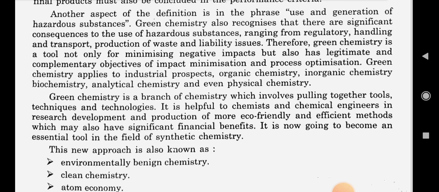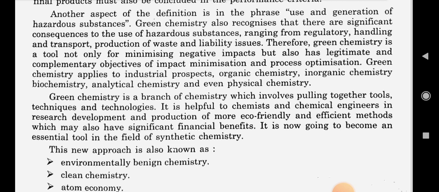Therefore, green chemistry is a tool not only for minimizing negative impact but also has legitimate and complementary objectives of impact minimization and process optimization. Green chemistry applies to industrial processes, organic chemistry, inorganic chemistry, biochemistry, analytical chemistry, and even physical chemistry. Green chemistry is a branch of chemistry which involves pulling together tools, techniques, and technologies.